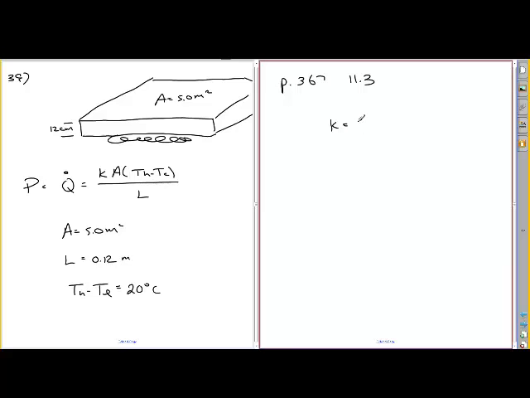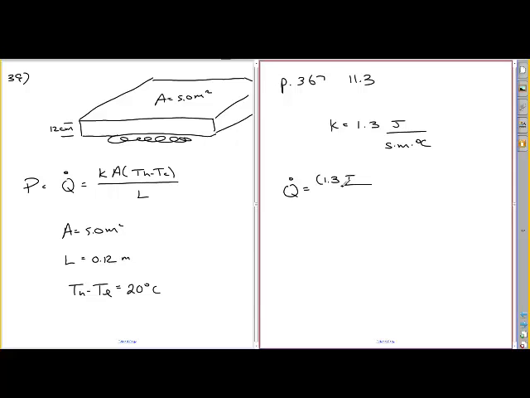So K, the thermal conductivity, is 1.3, and the units are joules per second meter degrees C. Because when we multiply by the area, it's meters squared, so that cancels with one of the meters. We divide by meters, so that's another meter. Then you have degrees C, and you end up with joules per second, which is power, or heat transfer rate.